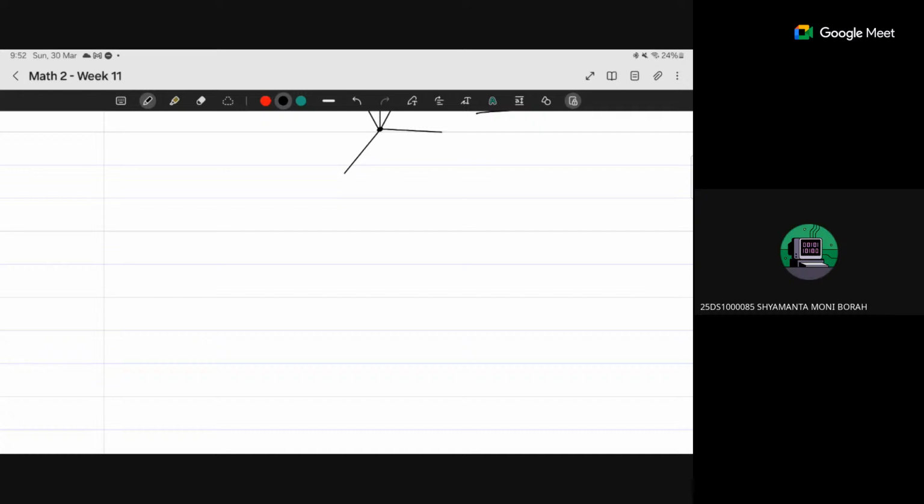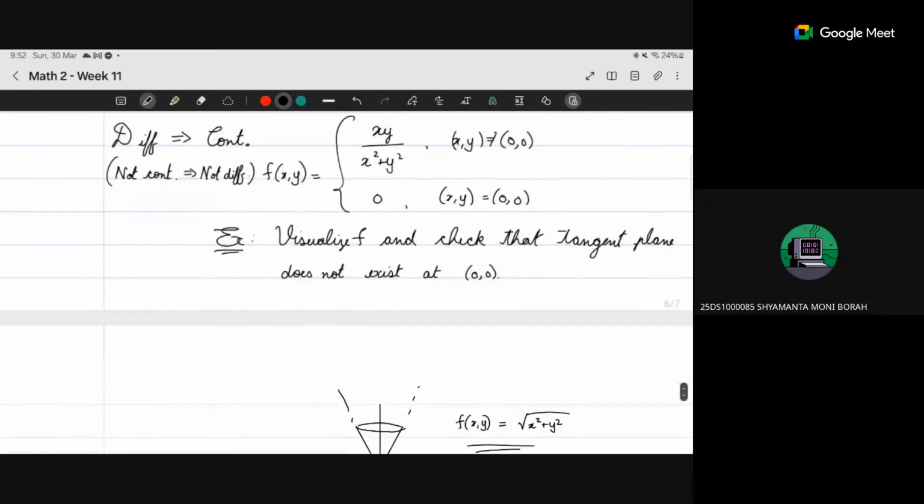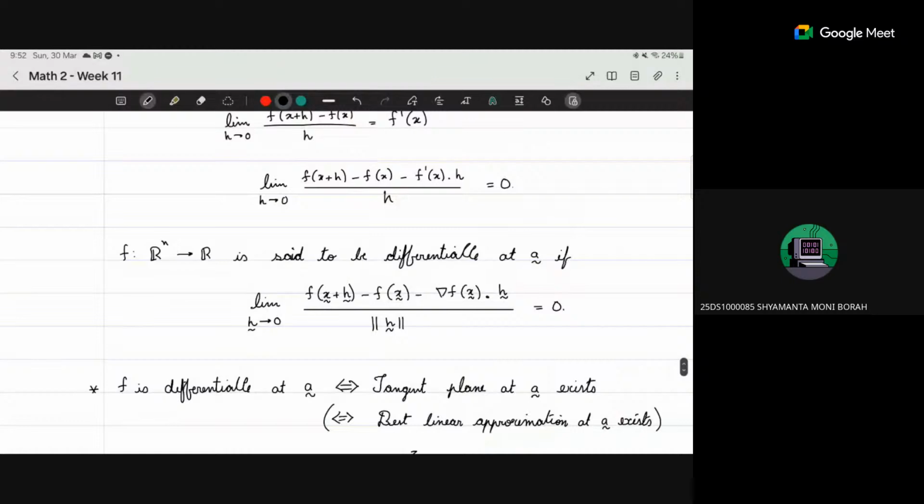So in case differentiability of any multivariable function at any point exists, by default we can say that the partial derivatives exist, right? Differentiability implies existence of partial derivatives is true. Yes. Okay. So it's kind of implicit in this definition. So f is said to be differentiable if this limit exists.